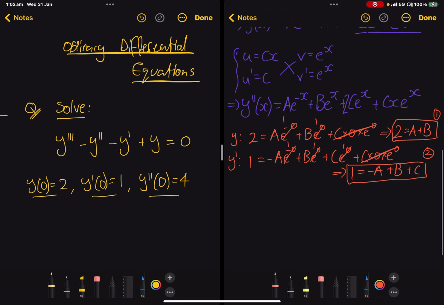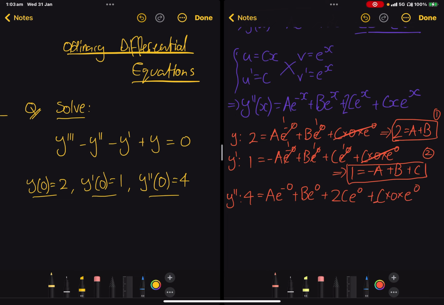Now we need to evaluate the second derivative. So y double prime, the second derivative when evaluated at 0, is 4. So we have 4 is equal to a times e to the minus 0 plus b e to the 0 plus 2c e to the 0 plus c times 0 times e to the 0.